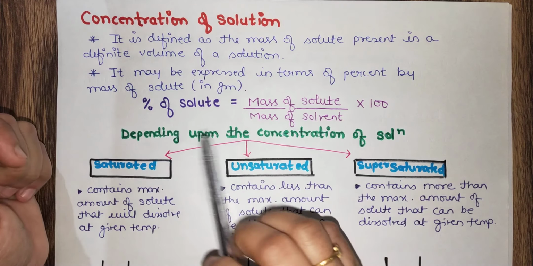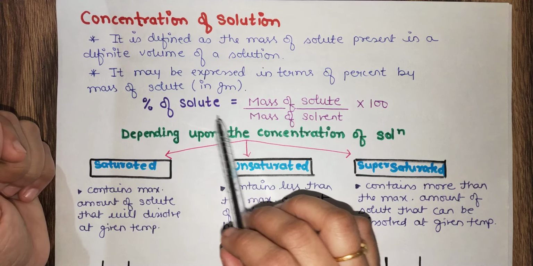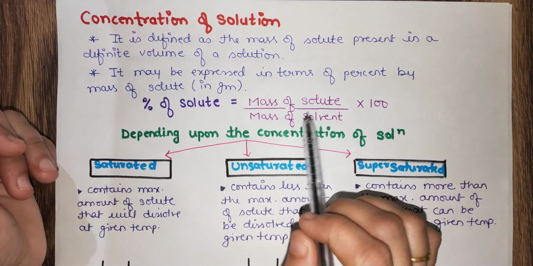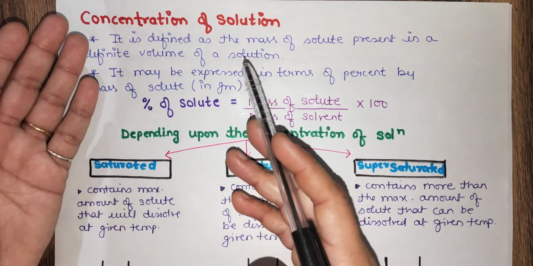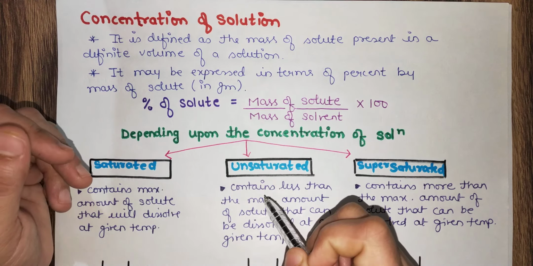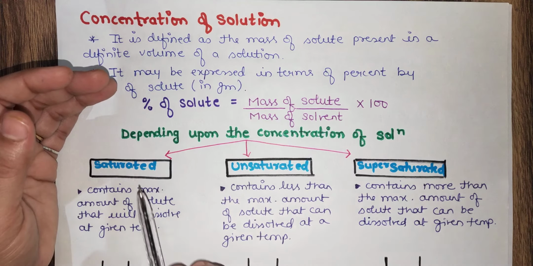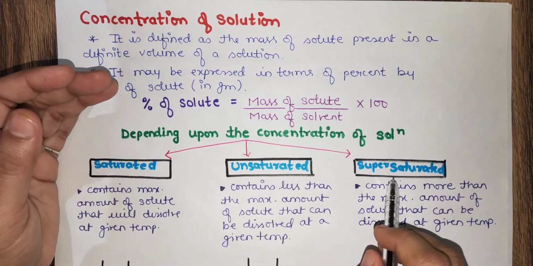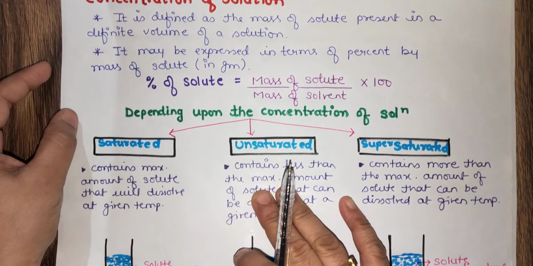For that, the formula will be percentage of solute equals mass of solute divided by mass of solvent into 100. Now, depending on the concentration, the solution can be further classified into saturated, unsaturated as well as supersaturated solution. Now let us see what they are.